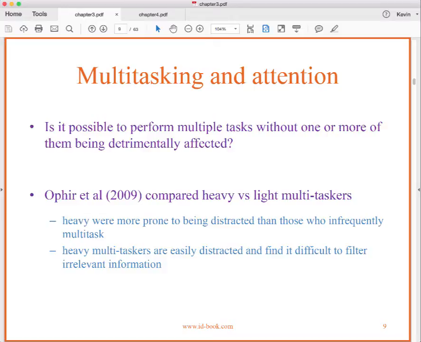But researchers have done some work on multitasking. This study in 2009 compared heavy multitaskers to light multitaskers. And they saw that heavy multitaskers were more prone to being distracted than those who infrequently multitask, and that light multitaskers did better. So it was kind of interesting.